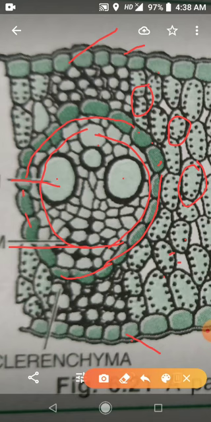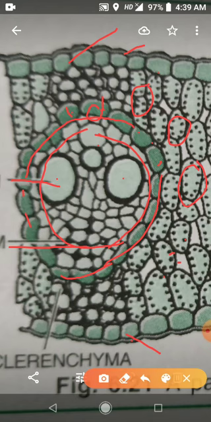But the chloroplasts of mesophyll cells have well developed grana, and chloroplasts of bundle sheath cells are large and agranal. Agranal means these bundle sheath cells have chloroplasts, but in those chloroplasts either grana are absent or poorly developed grana are present.